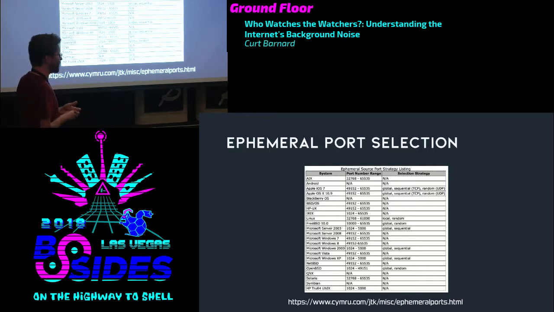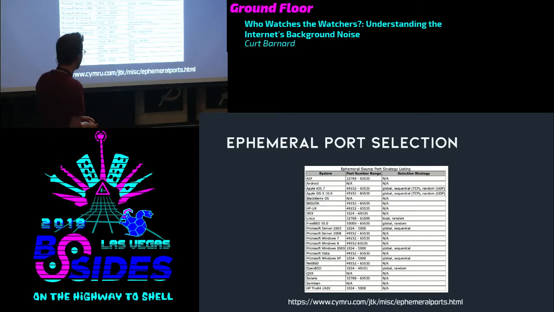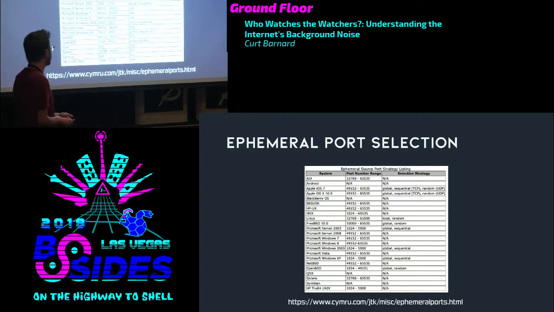But how those ephemeral ports get selected depends on what the operating system is. For example, on FreeBSD, the ephemeral port range doesn't start until 10,000. On Microsoft Server 2003, it starts at 1024 and only goes to 5,000. So if a packet came in and the source port was 4999, you would know it could be Microsoft Server 2003, but it could not be FreeBSD.